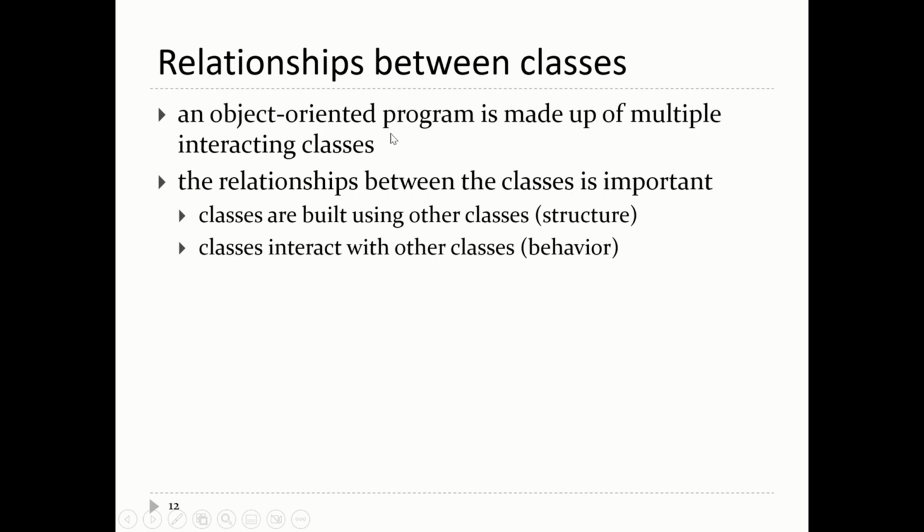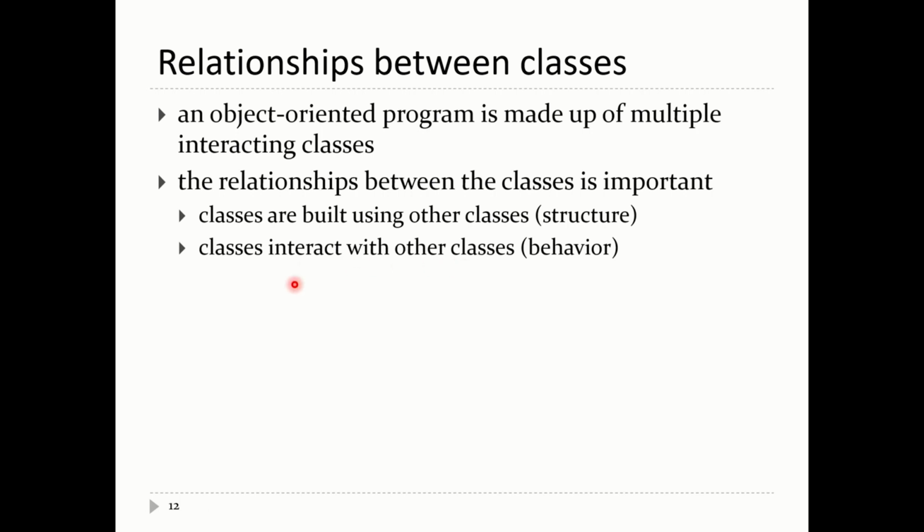So a typical object-oriented program is made up of multiple interacting classes, and the relationship between those classes becomes important. So you end up making classes that are created or built or have fields that are objects. So you're now concerned about the structure of your classes. How are classes built using other classes?